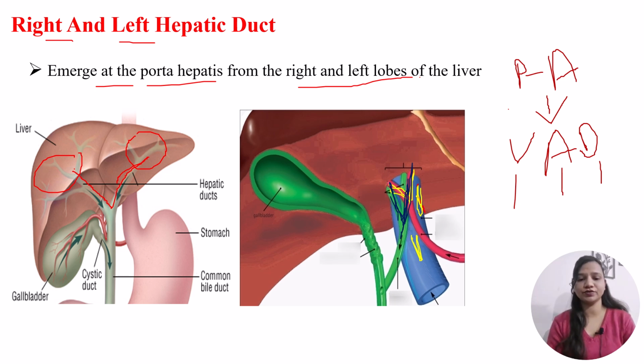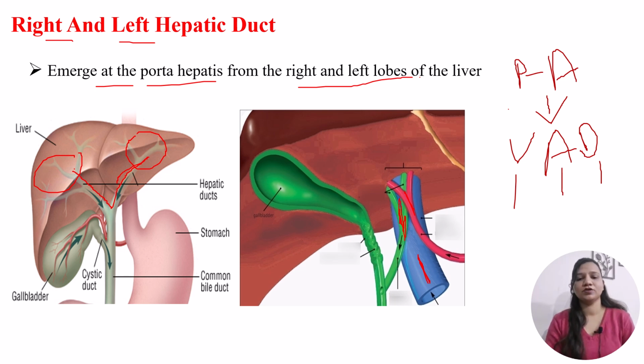As you can see here also in the picture, the most posterior portion is the portal vein. Then in front of that is the hepatic artery. This is the hepatic artery, and most anteriorly is the hepatic duct.